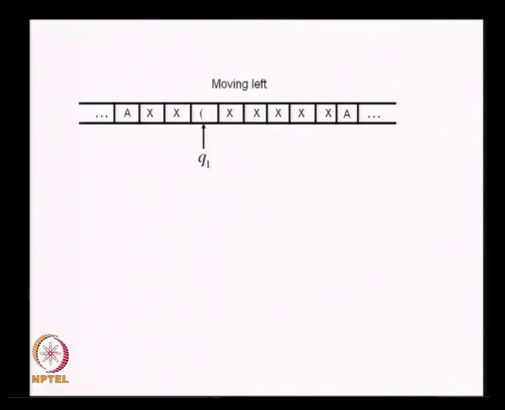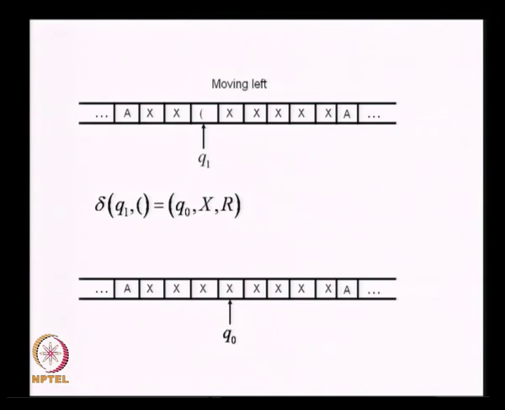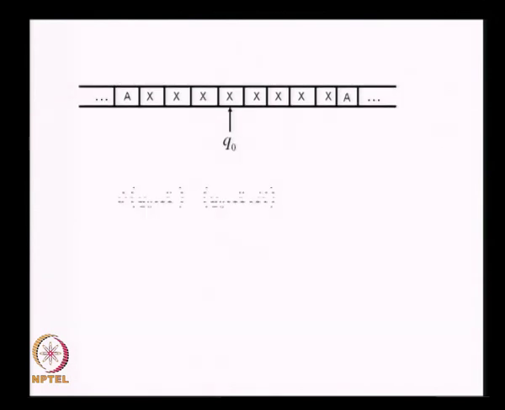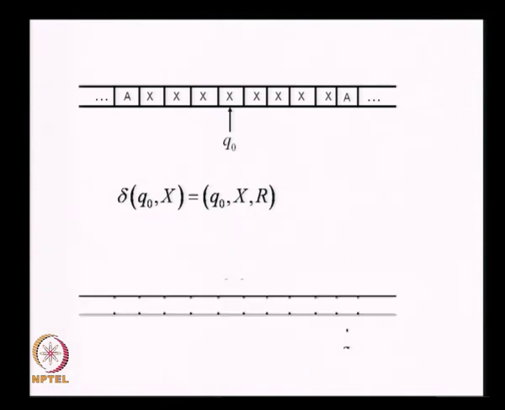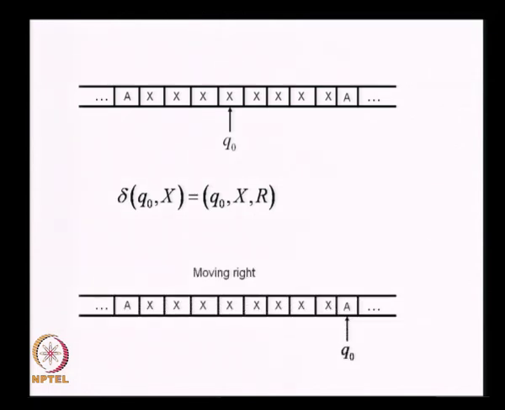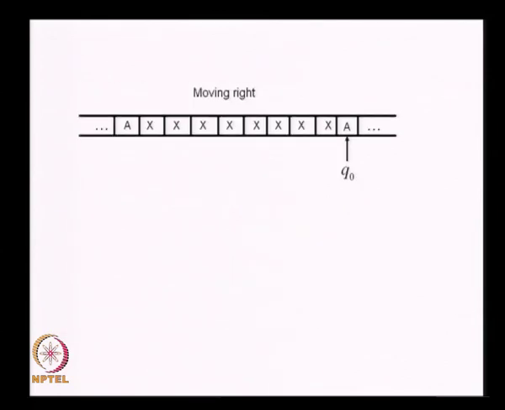Now, here it sees the left parenthesis in state q1, changes that into an x using this move, then starts moving right. It keeps on moving right in state q0 until it sees the end marker A, and it encounters A in state q0.